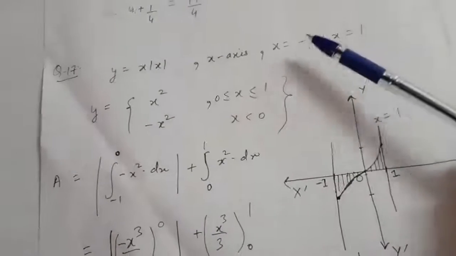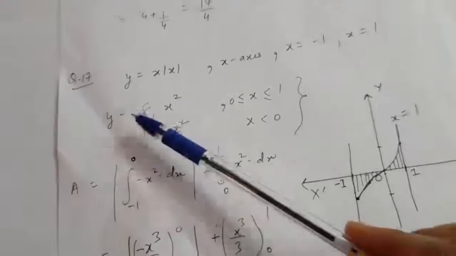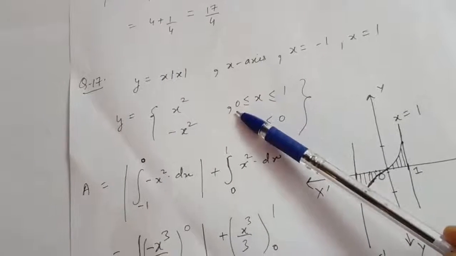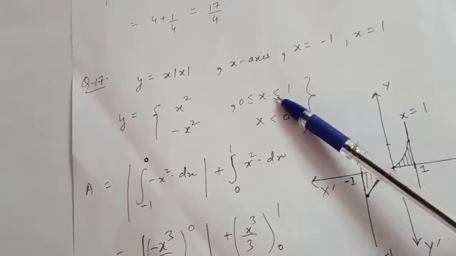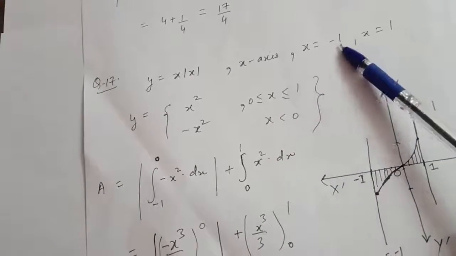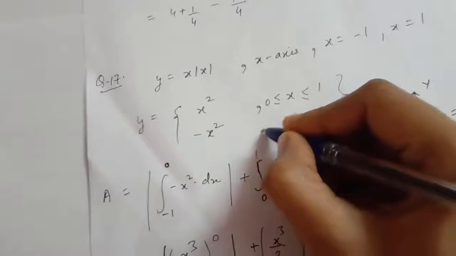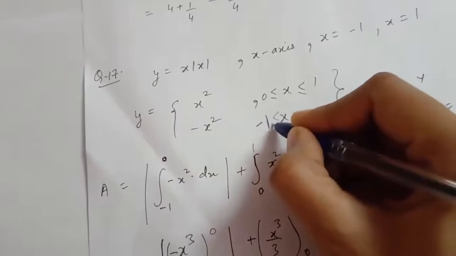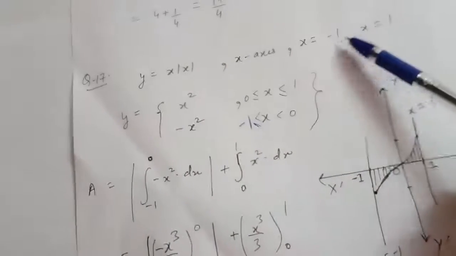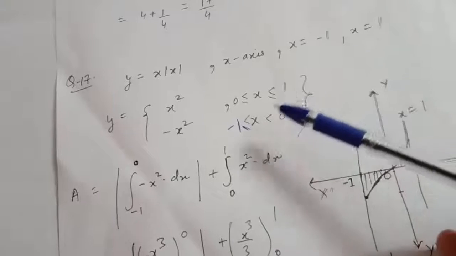Now see, under these limits y will be equal to x square when x is greater than or equal to 0 and less than 1, and for x greater than -1 and less than 0, here we can write this because we are just considering this function in these limits, because we have to find the area between these limits only, right?